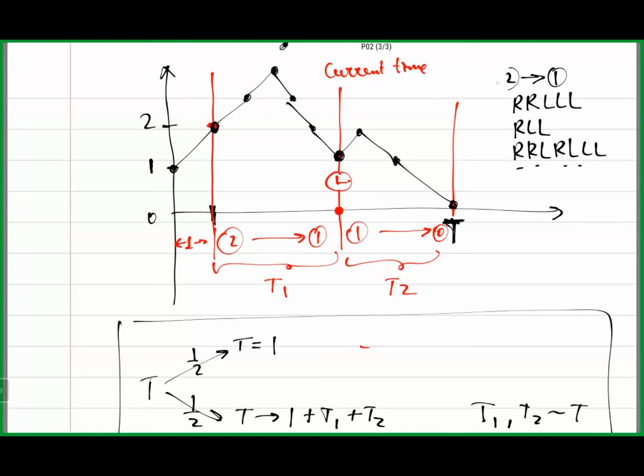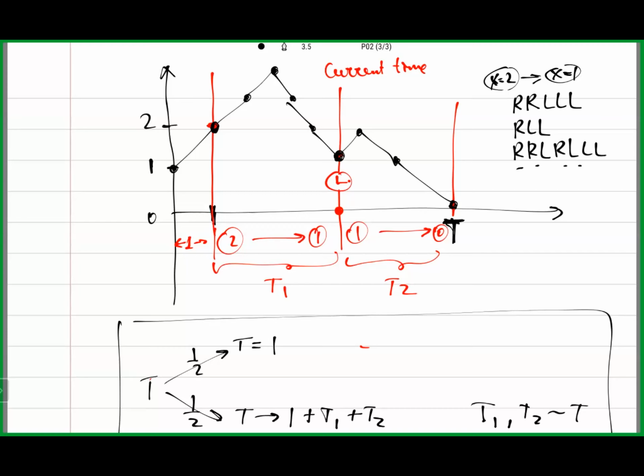If your current position is x equal to 2, then after these sequences your position will be 1. And the same sequences move you from position x equal to 1 to position x equal to 0. They are the same sequences.